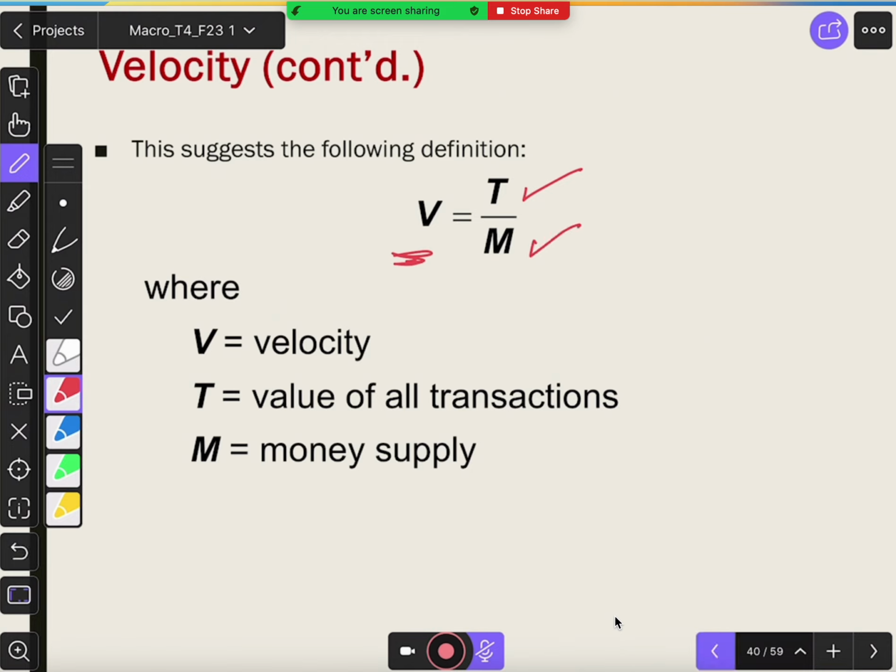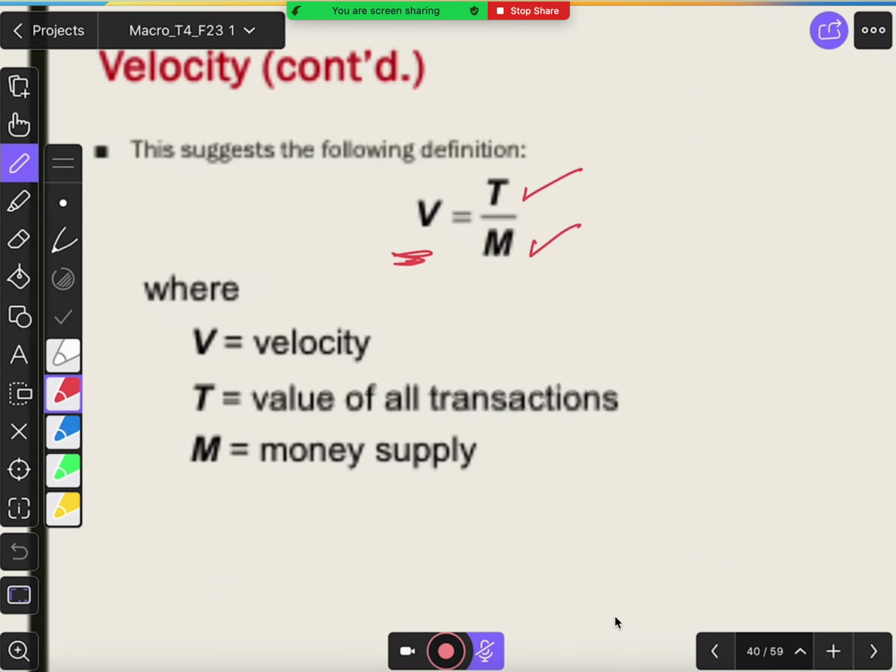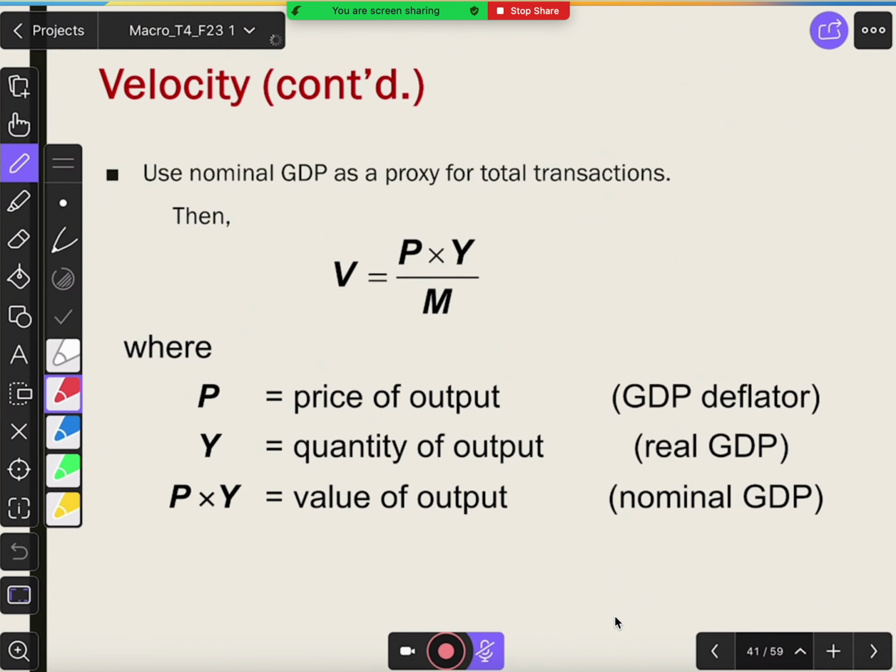Okay, so what we have here is the value of transactions, okay, and this is the money supply, both in dollars, and this would give us the number of times. So velocity is simply the number of times, it's not in dollars or anything. So the nominal GDP is used as a proxy or as a representation for the value of transactions, right?